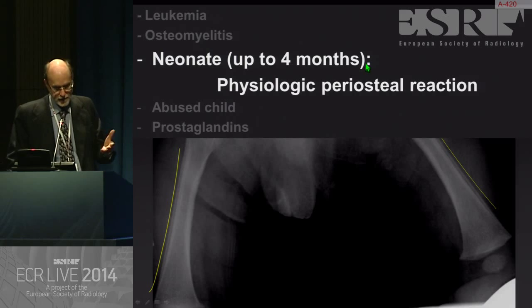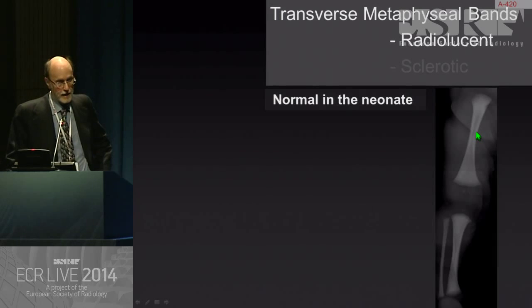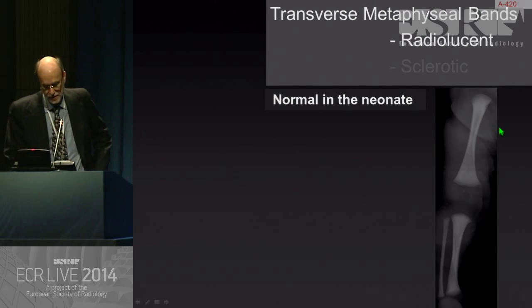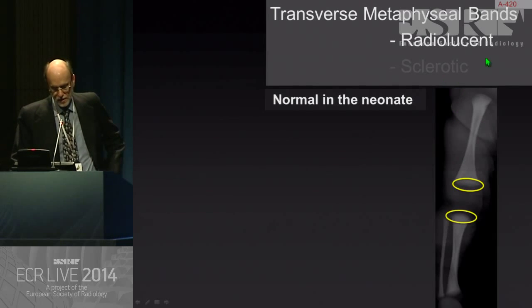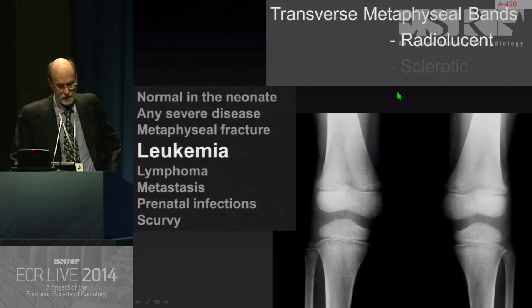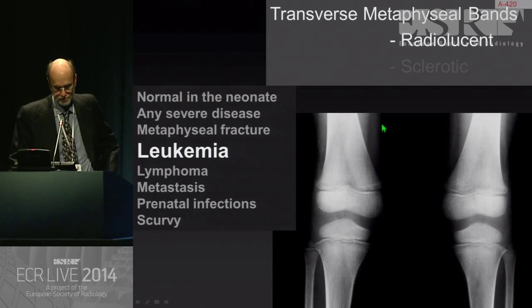Of course, beyond that age, perhaps we would be dealing with severe diseases. Again, in the neonate, there will be many times some small transverse metaphyseal bands, radiolucent metaphyseal bands, that, apart from the neonate period, are quite abnormal and usually are related to severe disease, such as in this case of leukemia.